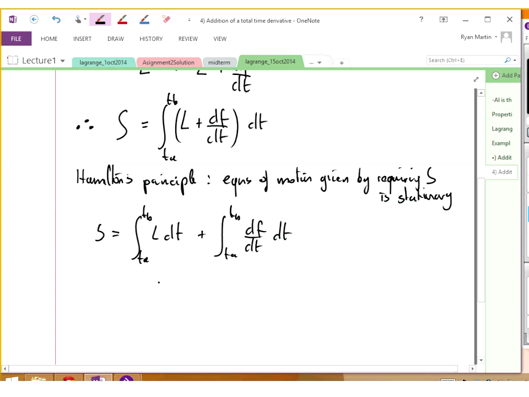Alright, and so the action is the integral from ta to tb of L dt, plus, now the second integral is trivial, right, because you're integrating the derivative. And so that's f evaluated at tb minus f evaluated at ta.